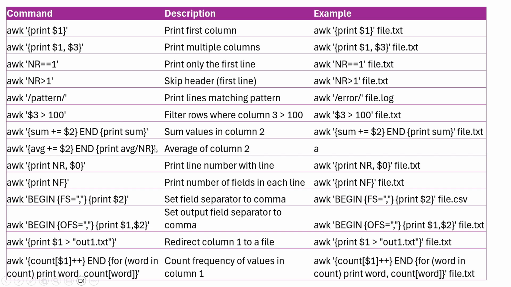Basically, if you have some sort of data table, the awk command will help you get the text that you want, if you know the pattern of the text that's going to appear, or if you want to perform a certain set of arithmetic operations, or do some filtering on some columns.